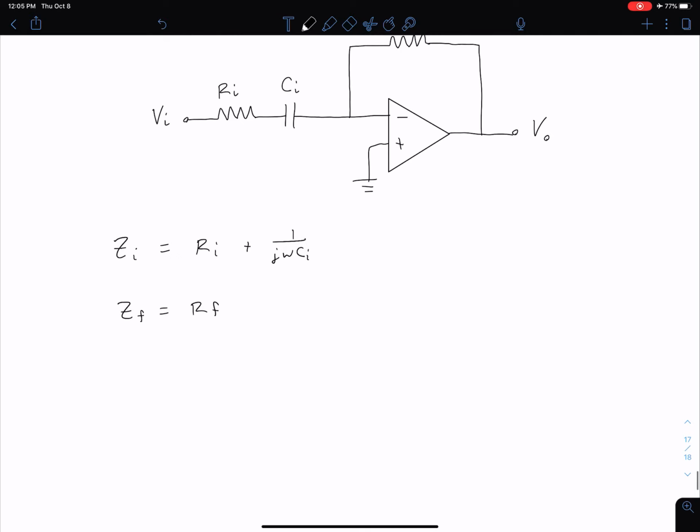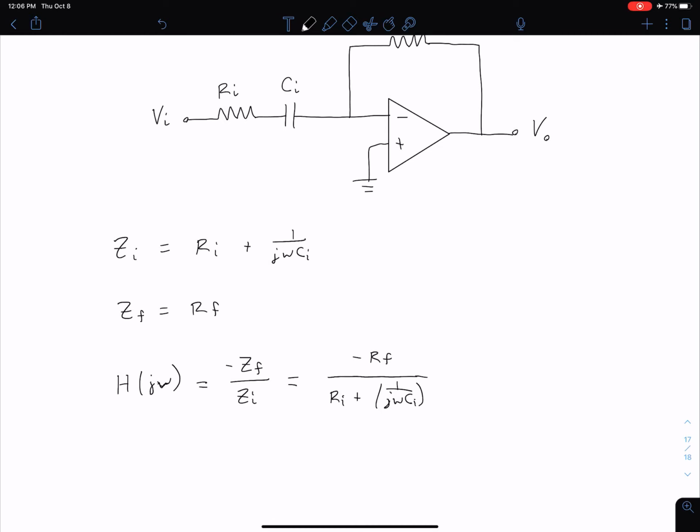And again, because this form matches the general form that we had a couple videos back, we can say that our transfer function, H(j omega), in general is still equal to negative Zf divided by Zi, because we have an inverting amplifier configuration. So plugging in our values for Zf and Zi, we have negative Rf in the numerator, and in the denominator we have Ri plus the quantity 1 over j omega Ci.